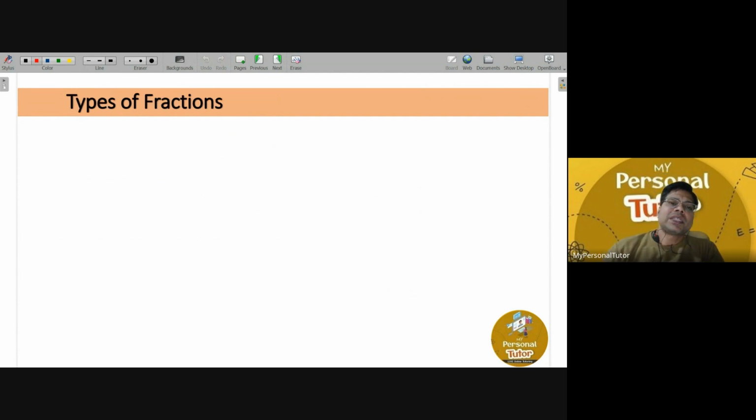Next we are going to talk about the various types of fractions. This is another very important topic. There are various types of fractions, and whatever is important, we will discuss. The first one is a proper fraction.